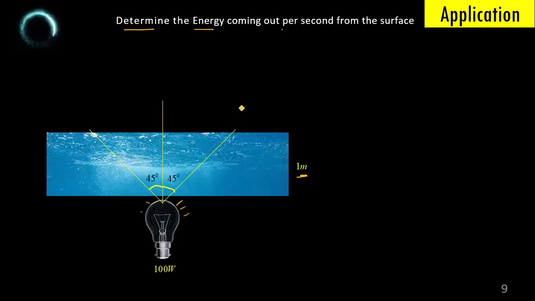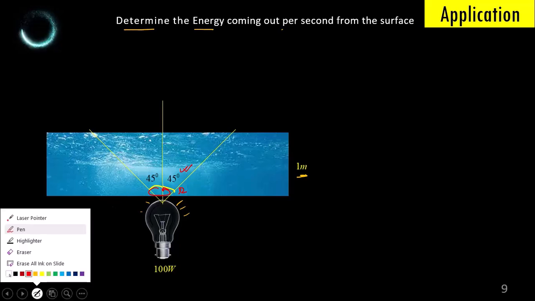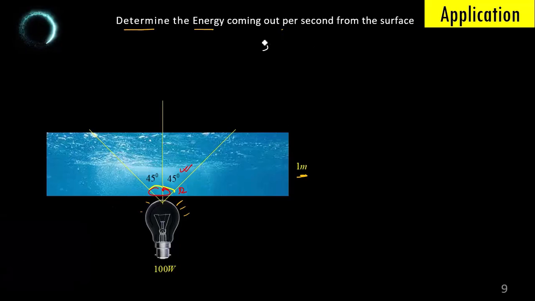Ultimately, the light ray will come. So, corresponding to the 45-degree angle, can I calculate the solid angle inside that surface? That is the sigma number. So for that, 45 degree is the half angle. So if I know the 45-degree angle, corresponding to that, the solid angle should be equal to 2 pi into 1 minus cos alpha, means cos of 45 degree.